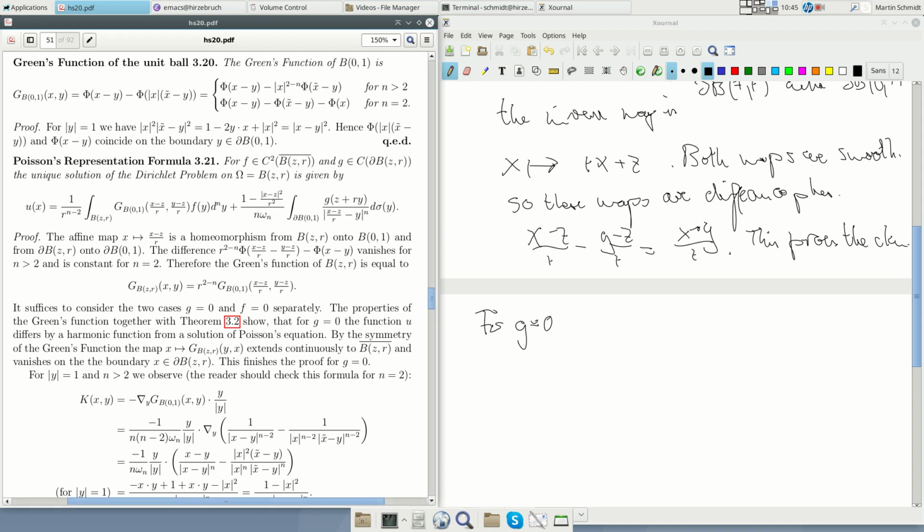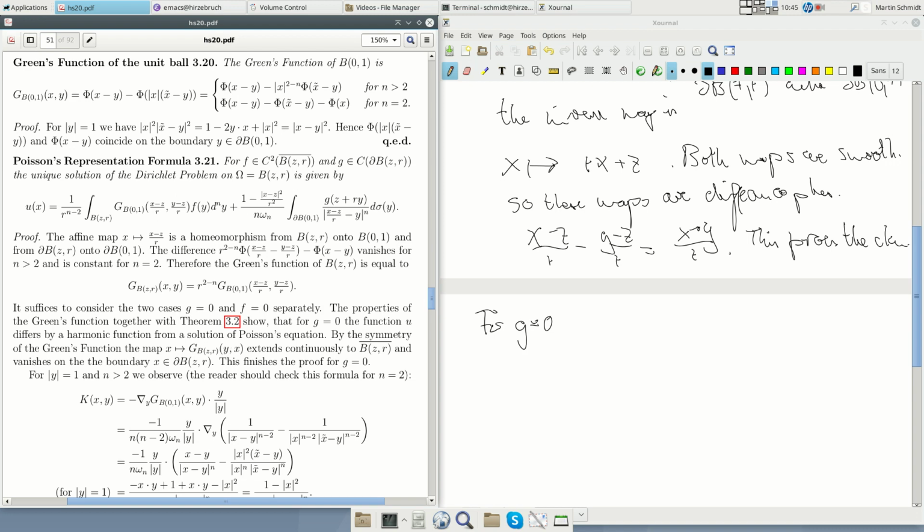We should be careful. First, we showed this only in dependence of y, but due to the symmetry, this is also true if we consider this as a function of x. This is by the symmetry. This is harmonic.